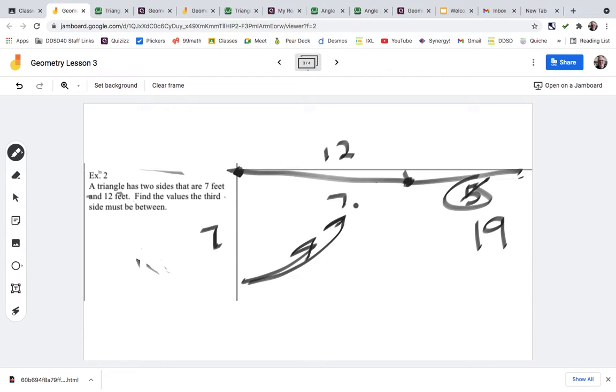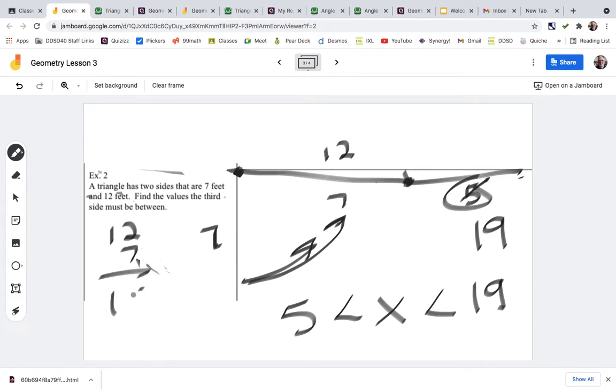It would just flatten. 7 plus 5 is 12. So this is how we say it: if that third side is x, it has to be less than 19, and it has to be greater than 5. And we get that by doing 12 plus 7 and 12 minus 7.